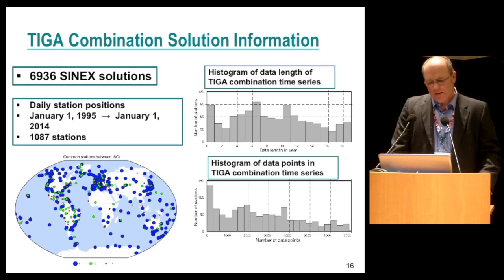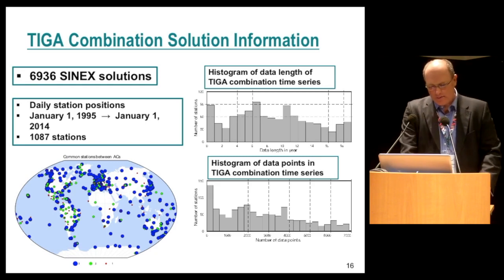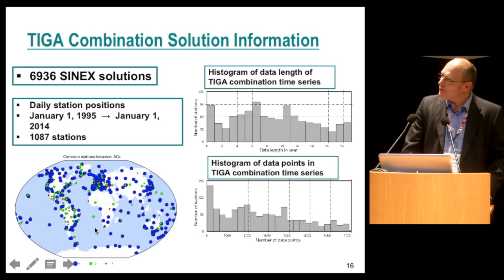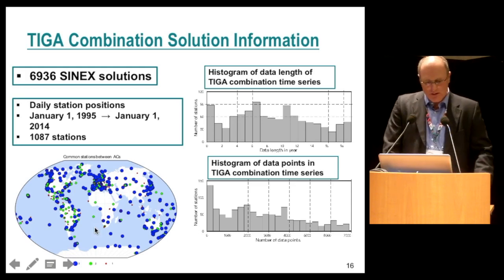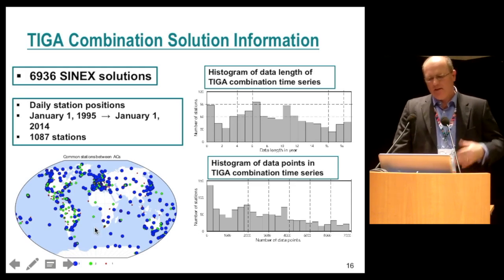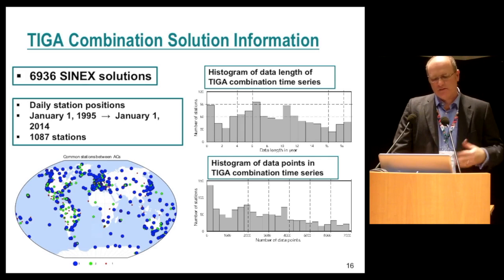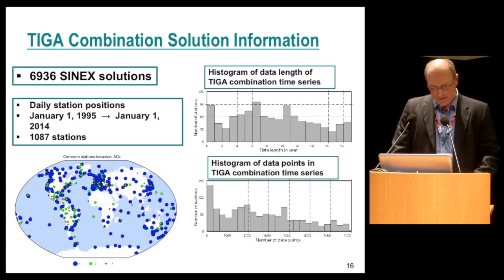Of course, at any one time, fewer stations. What we see below there is a figure of how often each station was included in one solution, because strictly speaking, in the IGS, you don't provide a solution if not at least 3 processing centers analyze the station.